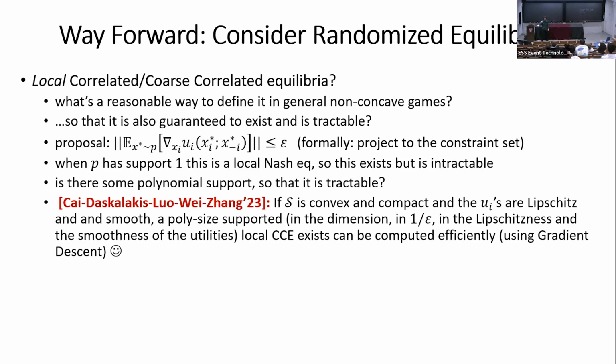And interestingly enough, this is the case, and you don't need to increase the support to be exponentially large. You can prove that there is a support size that's polynomial in the dimensionality of the setting, such that this thing exists and is tractable using gradient descent.